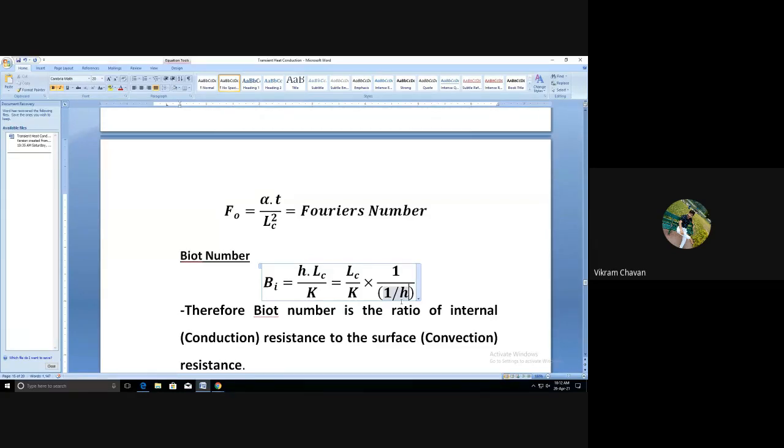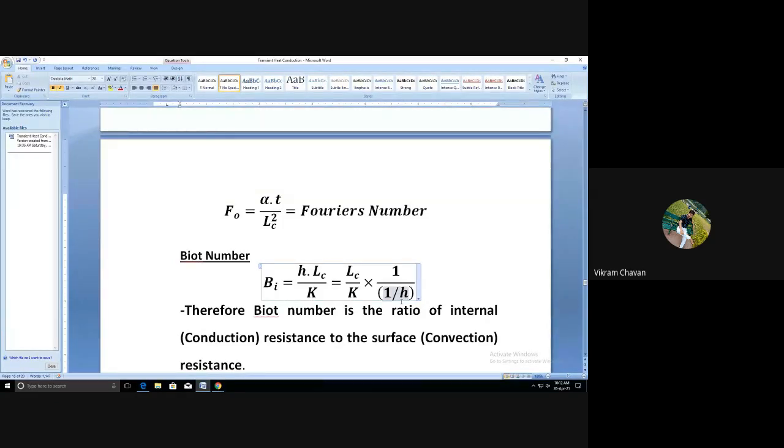If Bi is smaller than 0.1, the lumped capacity approach can be applied for the object to determine the heat transfer in a transient case.